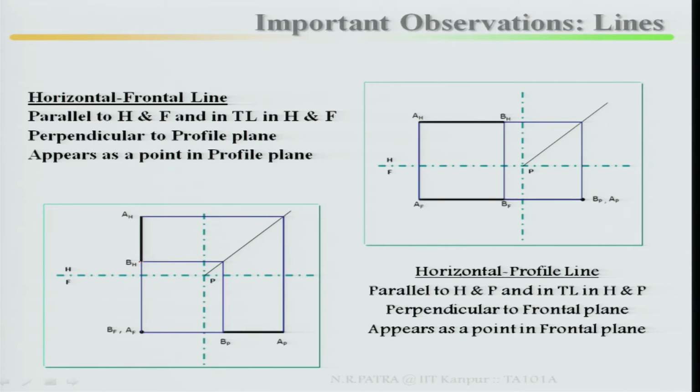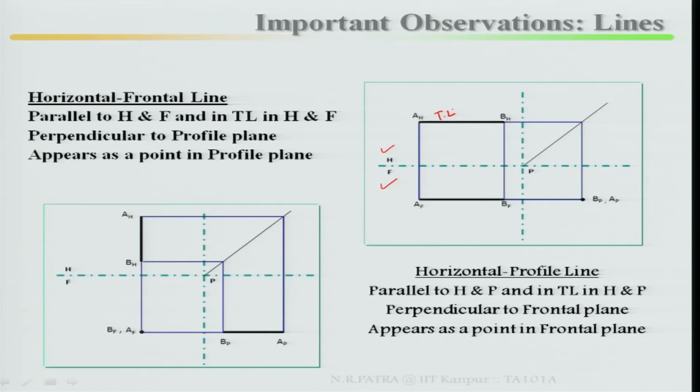It is in true length in horizontal and frontal, and perpendicular to your profile plane, so it appears as a point in the profile plane. Particularly for a horizontal and frontal line, if you look here, this is your frontal, this is your horizontal. In both these cases the lines are in horizontal as well as frontal, and because they are parallel to your hinge line, they are in true length in horizontal as well as frontal.